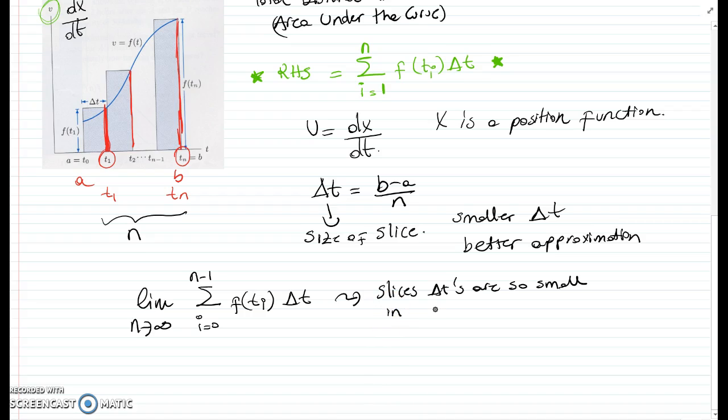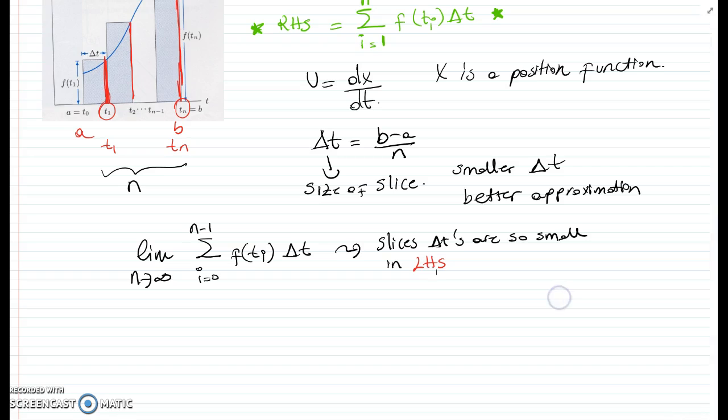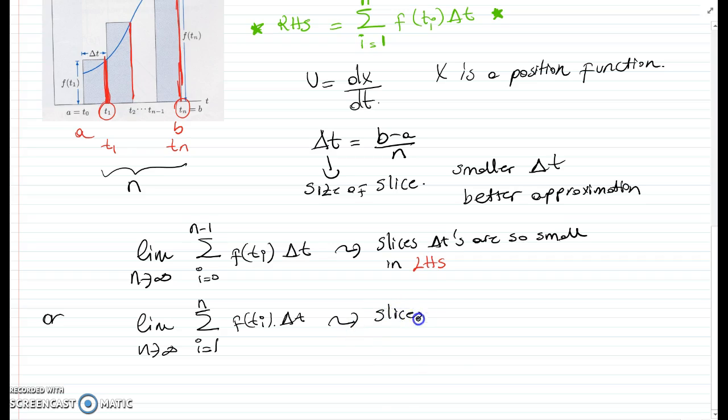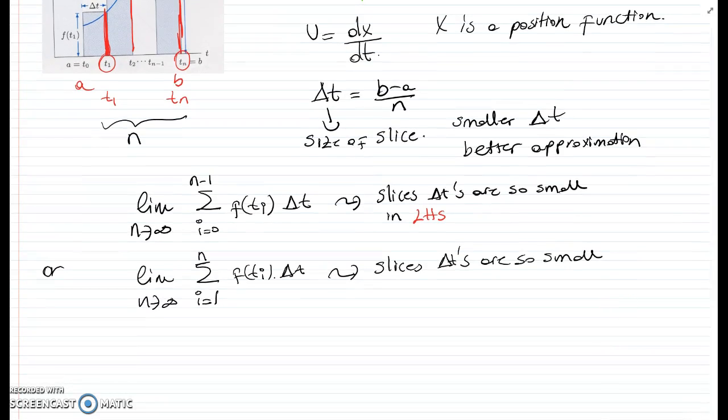That is the left-hand sum, because it's going from 0 to n minus 1. Or another way of saying it: the limit as n goes to infinity of the sum from i equals 1 to n of f of t i times delta t, where the slices are so small that I am actually finding an integral, or area under the curve.